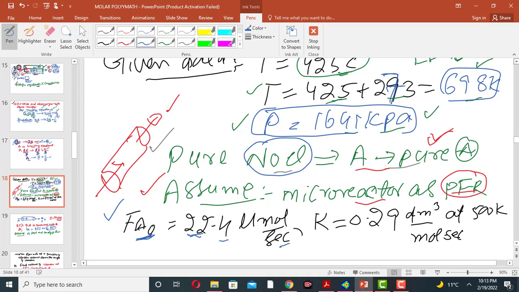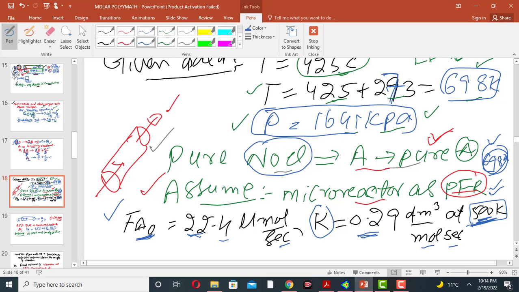The reaction rate constant, which is K, its value is also given to us, which is 0.29 dm cube divided by mole into second at 500 Kelvin. So the reaction rate constant value is given to us at 500 Kelvin. But the temperature in the reactor is 698 Kelvin. So remember that we will determine the K value at this temperature, not at that temperature.